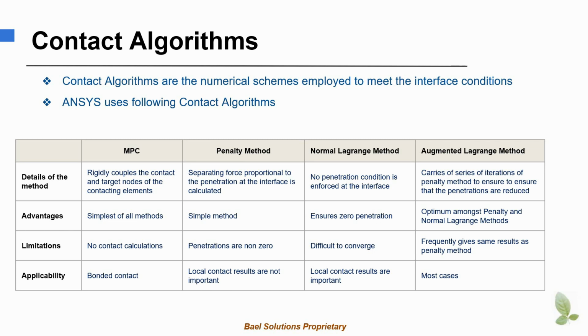This is the most recommended contact algorithm. However, in many contact problems, it will give the same results as the penalty method. Therefore, careful results review is required when local contact results, like contact pressure, are critical.